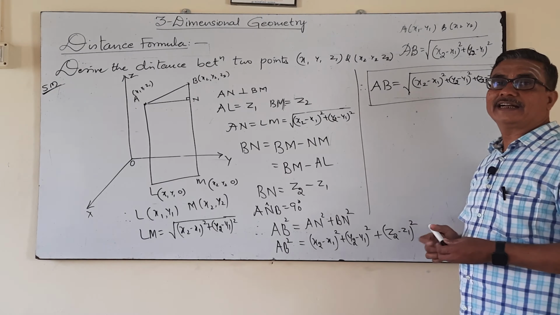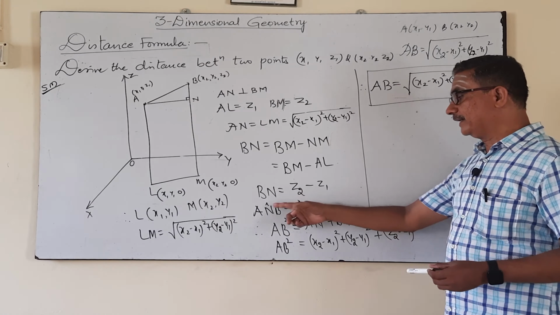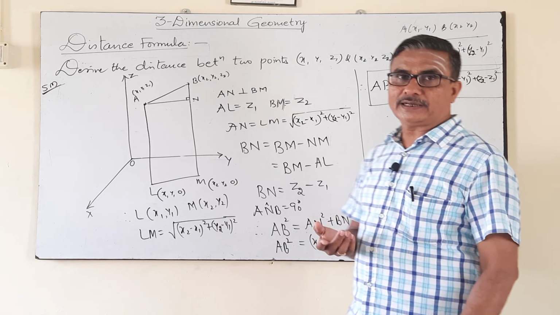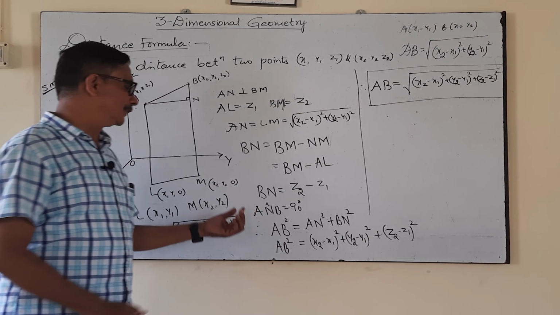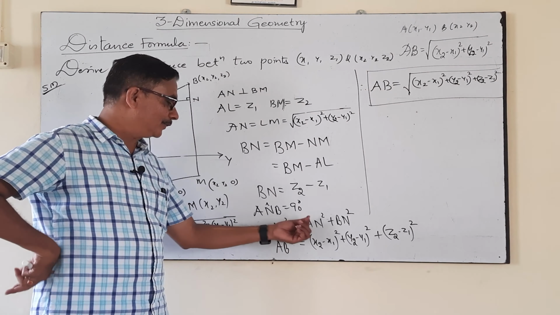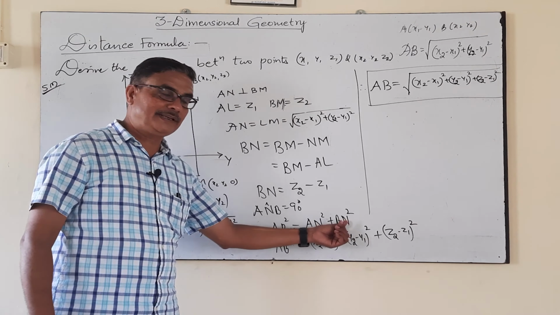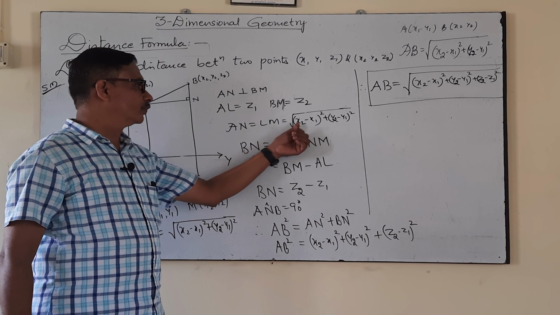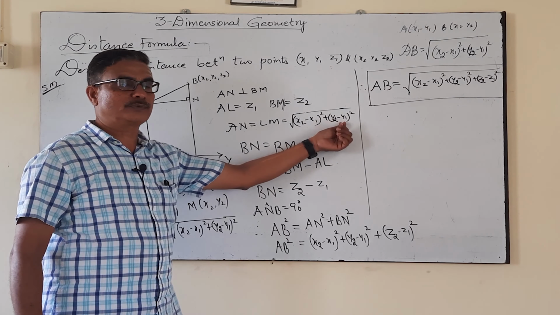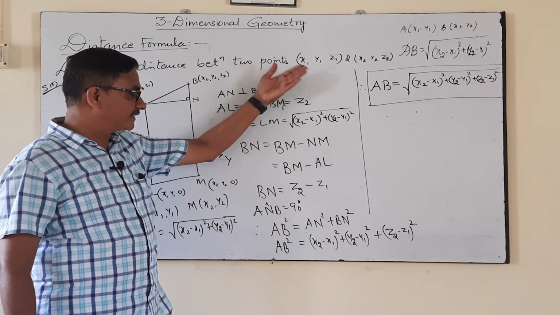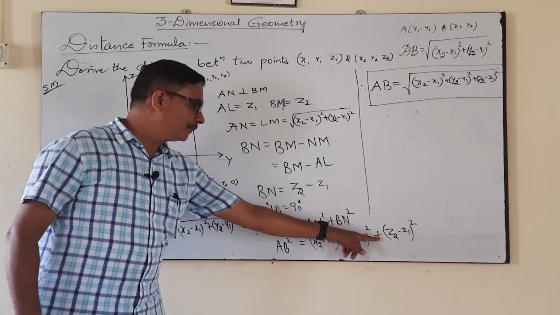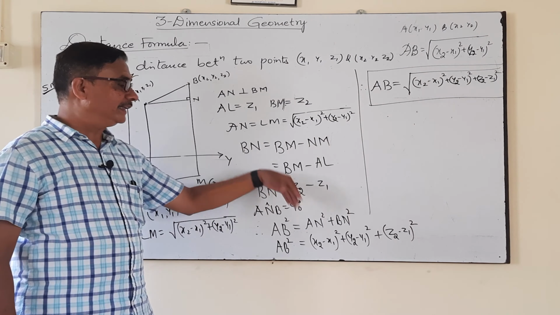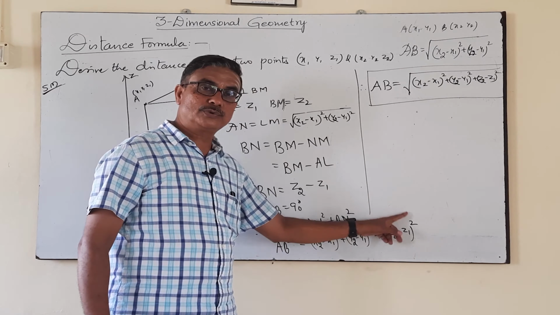Now from the triangle ANB, angle N is 90 degrees, apply Pythagoras theorem. By using Pythagoras theorem, AB square is equal to AN square plus BN square. AN value is under root of x2 minus x1 to the power of 2 plus y2 minus y1 to the power of 2, its square, root cancels, plus BN value z2 minus z1, its square, z2 minus z1 to the power of 2.